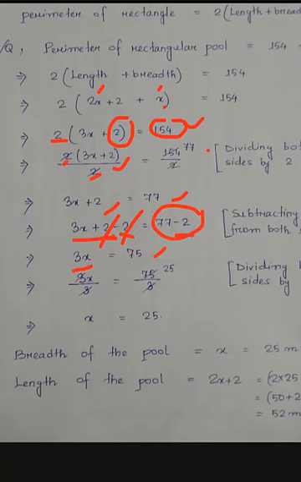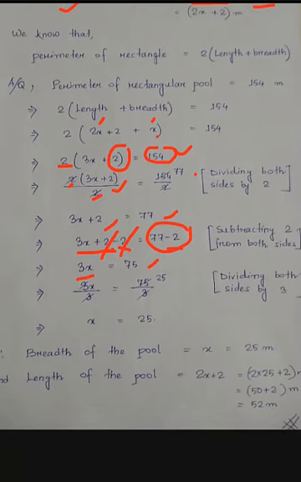On both sides again, now see, we shall have to make x independent of 3. That is why both the sides will have to be divided by 3, as 3 is multiplied with x. Therefore, there is only one way to remove this 3 from the side, which is division of both the sides by 3.